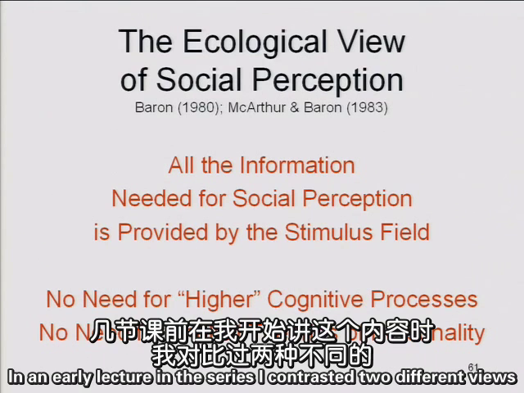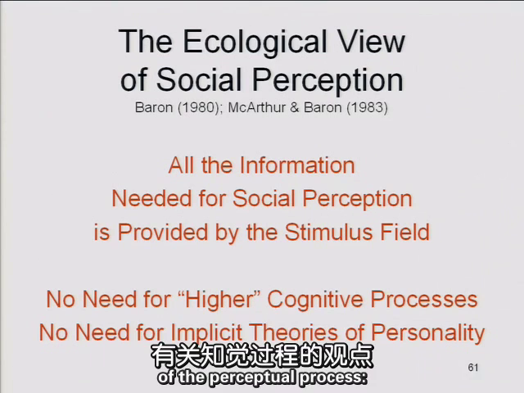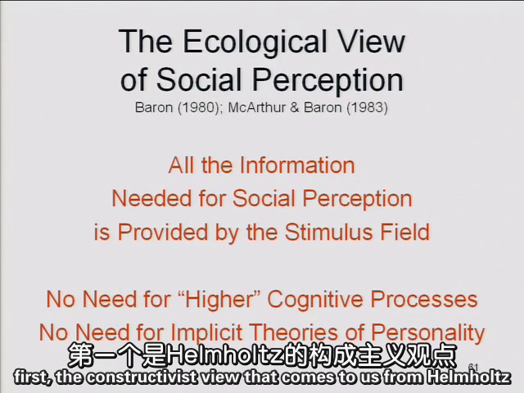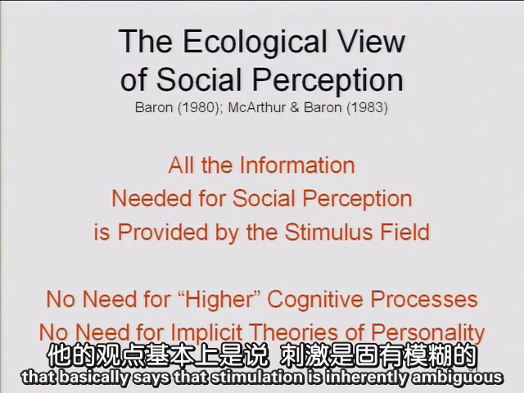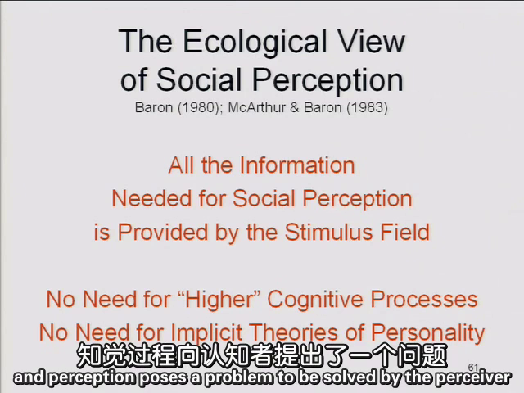In an early lecture in this series, I contrasted two different views of the perceptual process. First, the constructivist view that comes to us from Helmholtz, that basically says that stimulation is inherently ambiguous and perception poses a problem to be solved by the perceiver.